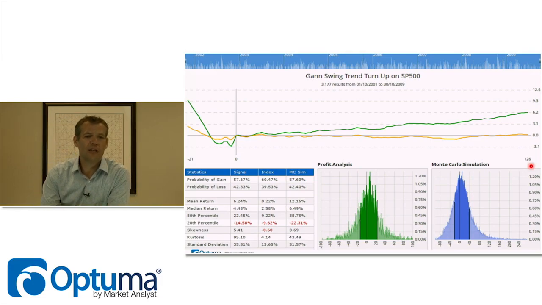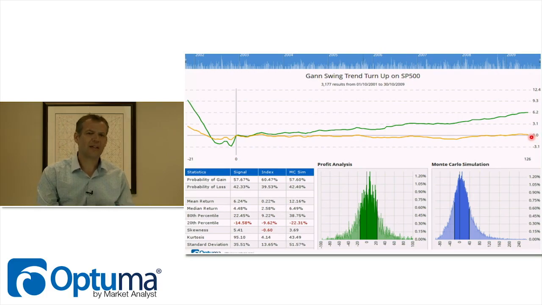And what you can see here, the green line is the performance of our signal, all 3,177 of them being averaged up. And here is their average performance, 6.2% over six months, while the market stays essentially flat. So that tells me that I've got some nice alpha.